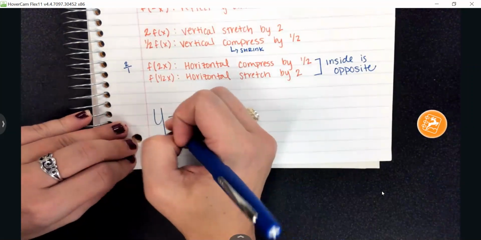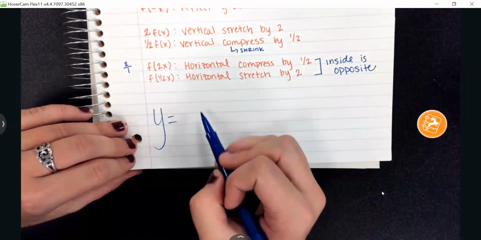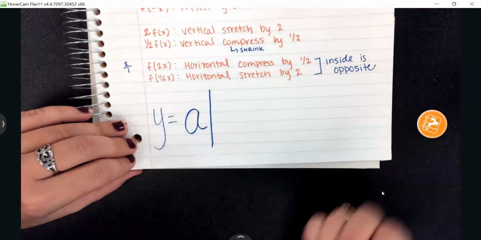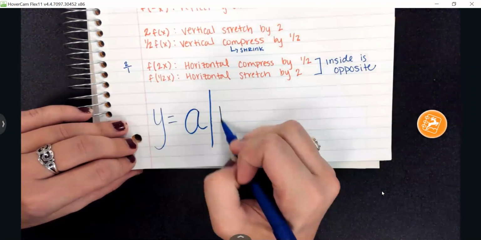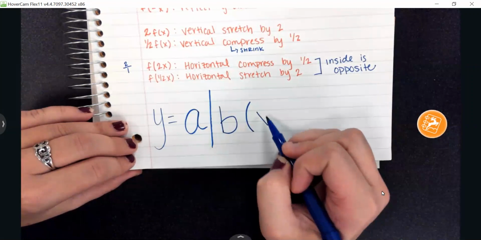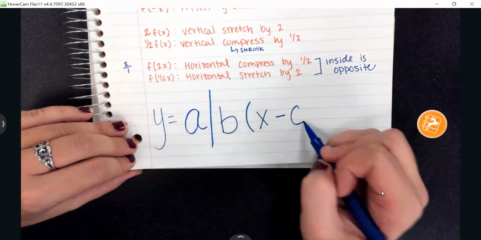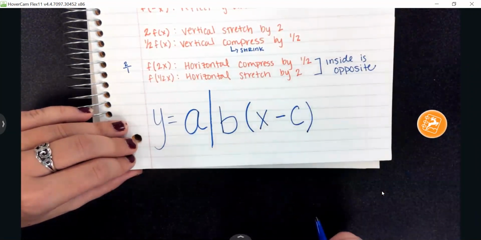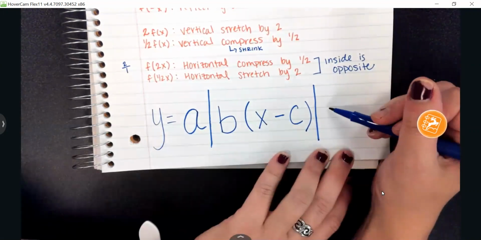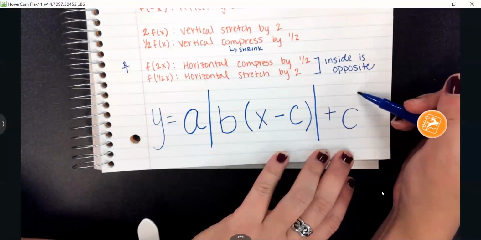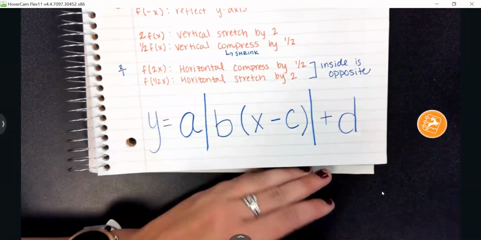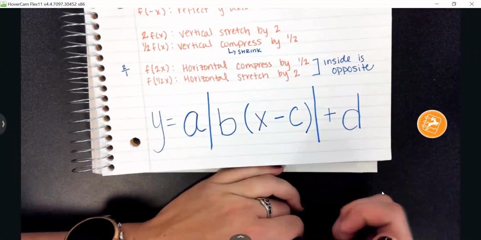Y equals, I'm gonna have A, absolute value of B, parentheses, X minus C. Then I'm gonna close my absolute value, and I'm gonna have a plus D. These are just letters because they stand for where numbers will be, okay?